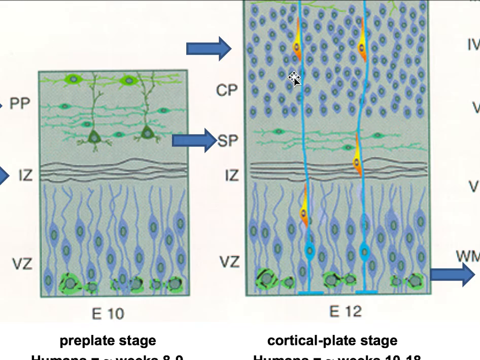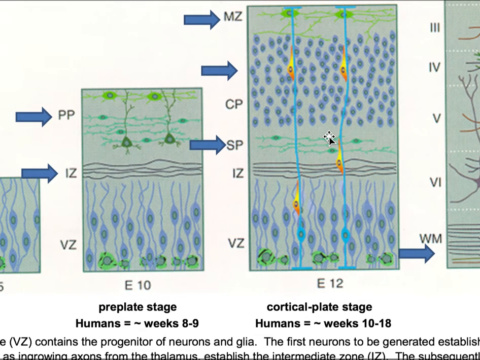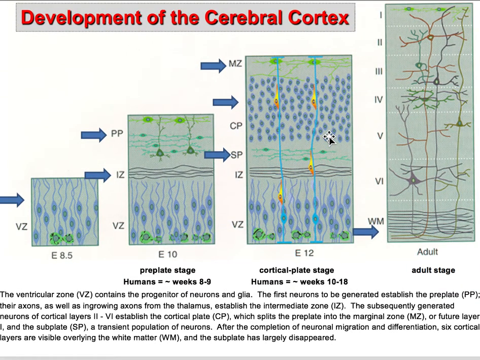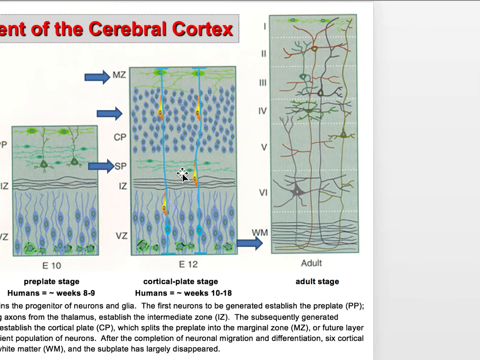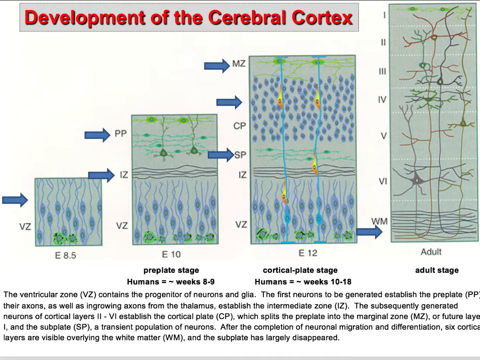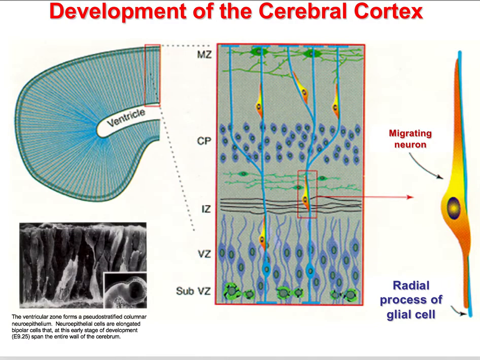And so what ends up happening is that you have this inside-out type of appearance of cells that start to arise here, so that you end up having these different regions forming these 6 different plates or layers.